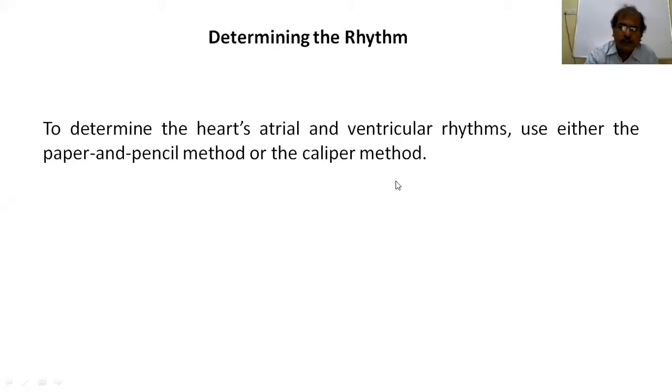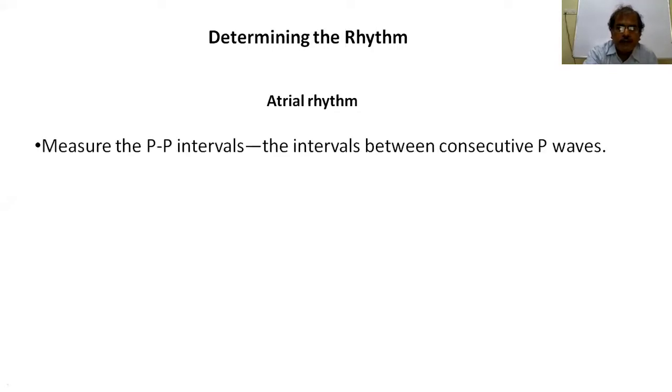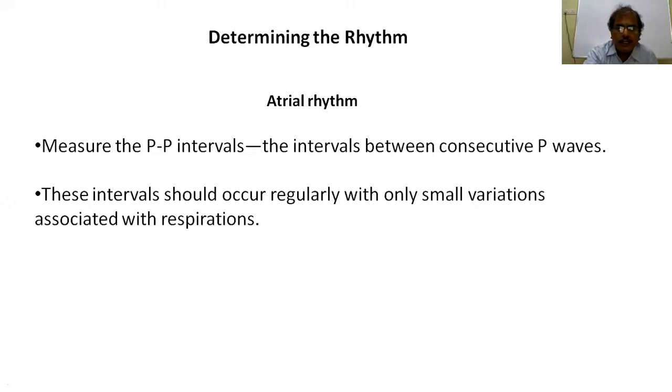To find out the atrial rhythm, first you have to measure the PP interval. The interval between consecutive P waves is known as the PP interval. These intervals should occur regularly, with small variations due to respiration.